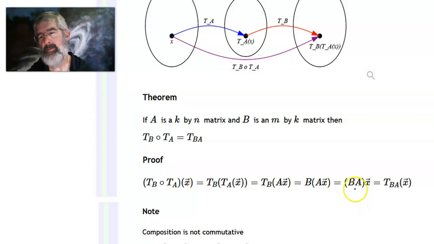But B times A times x is what we would do for the transformation T BA of x. So this transformation does exactly the same thing to x as that transformation, and they are equal transformations.